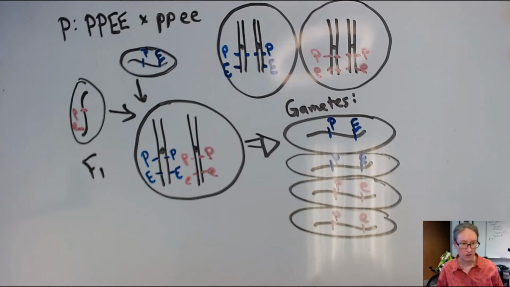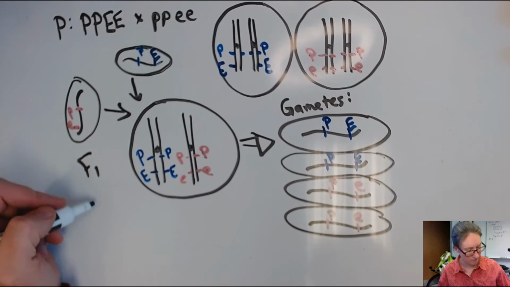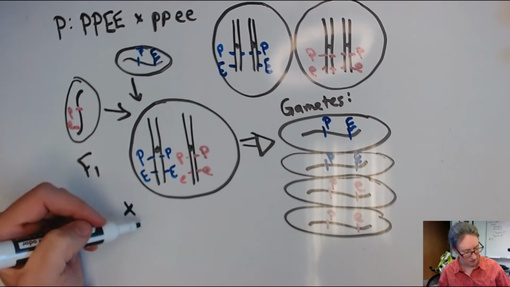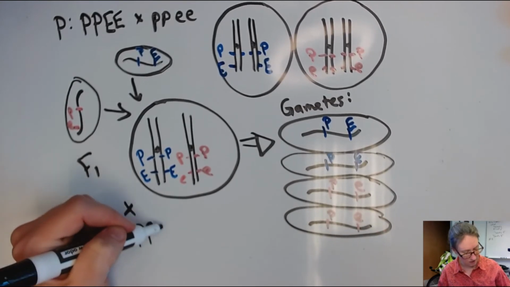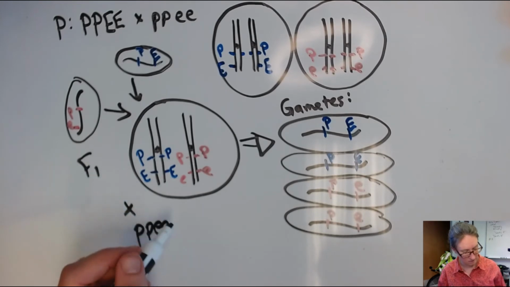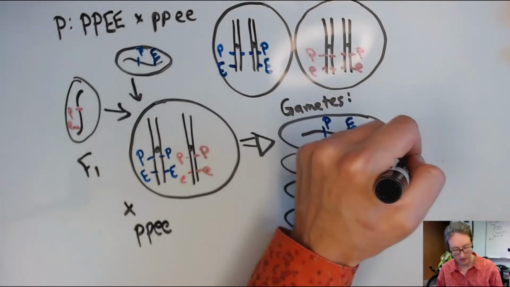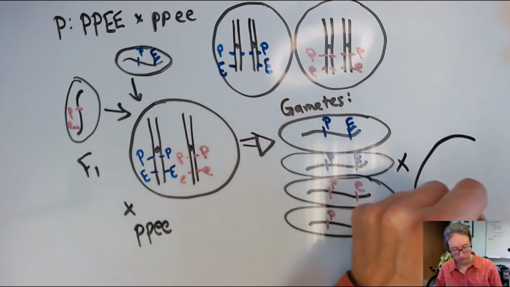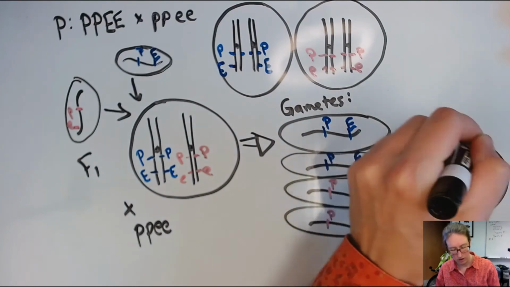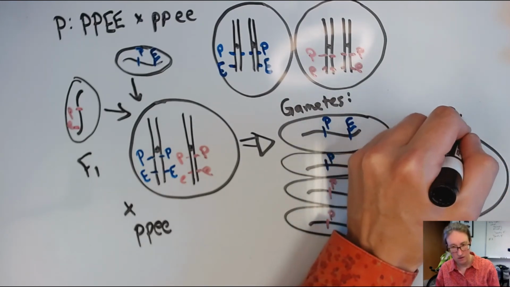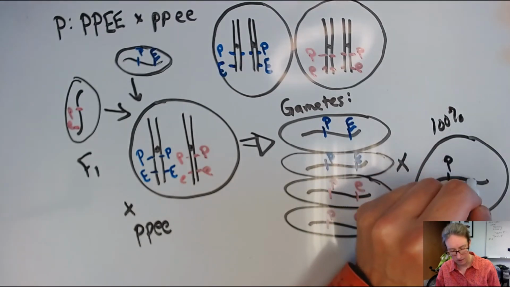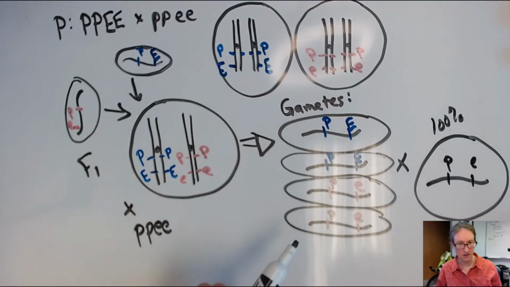Right? So if I cross this individual with another one that is little p, little p, little e, those gametes will all be 100% little p, little e.